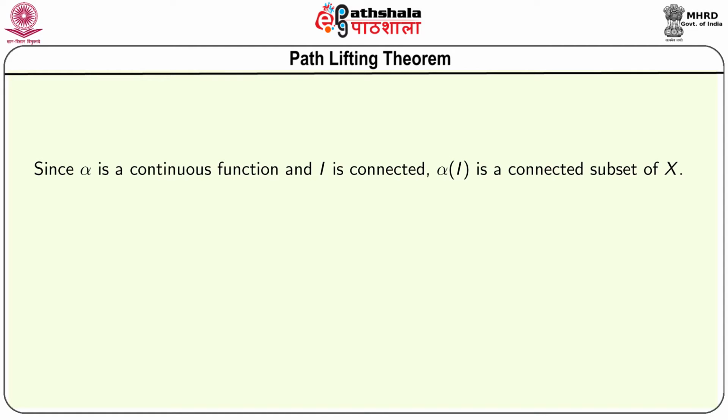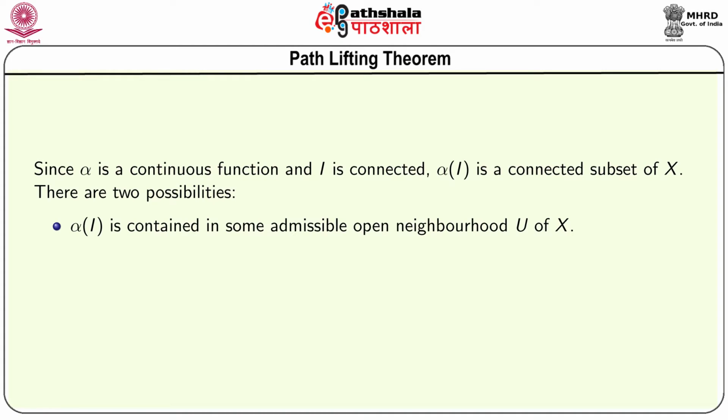Since alpha is a continuous function and I is connected, alpha(I) is a connected subset of capital X. There are two possibilities.